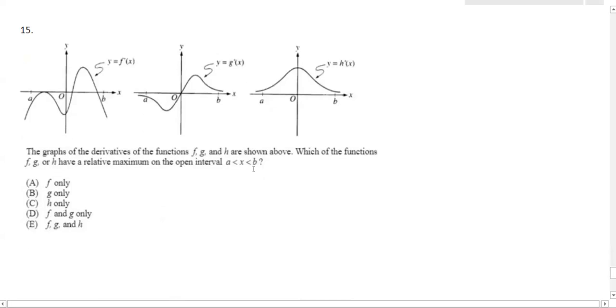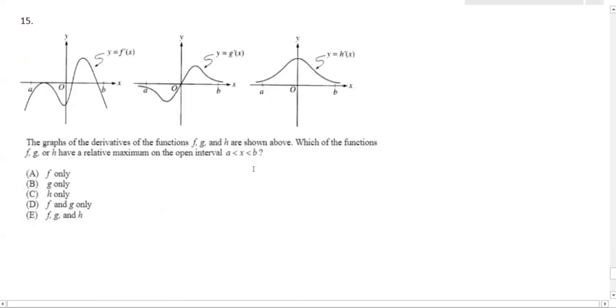All right, last one. Here, the graphs of the derivatives of functions f, g, and h are shown. Which of the functions f, g, or h have a relative max on the interval a to b? So what we're looking for is a point where the derivative changes from positive to negative on that interval. g prime does not change from positive to negative anywhere on that interval.